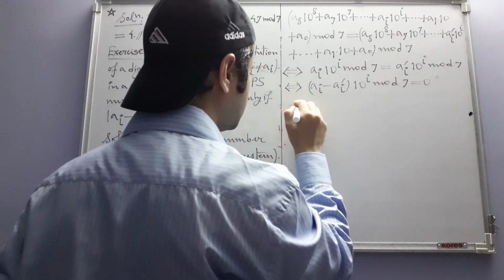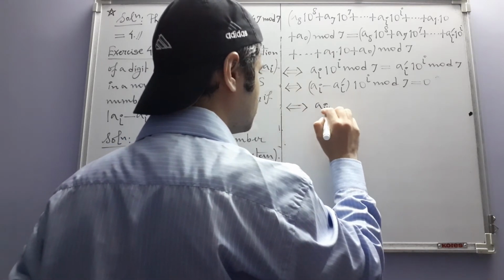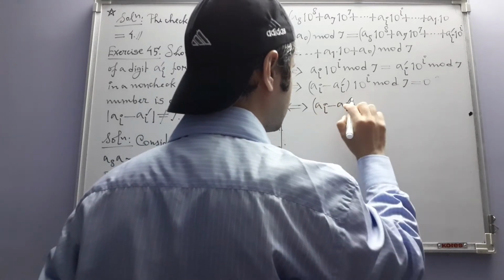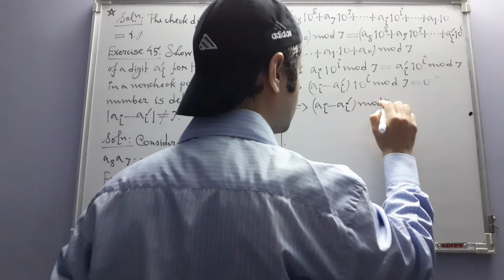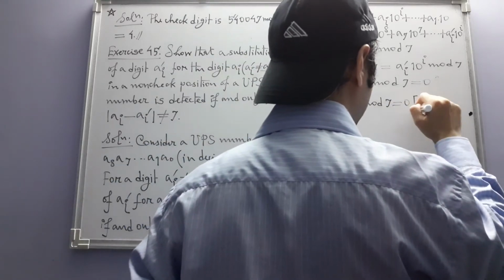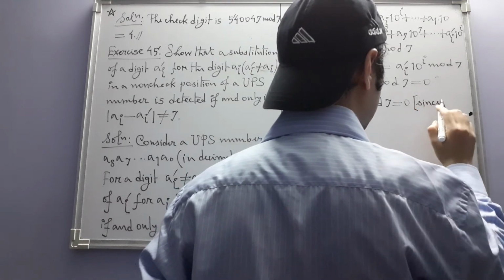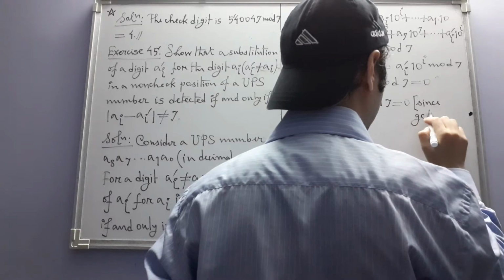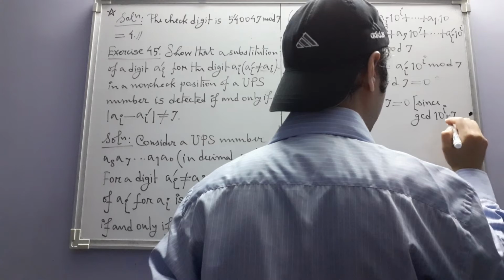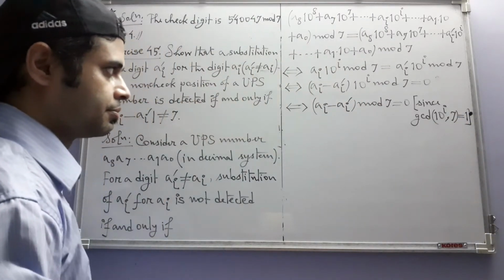So this is equivalent to AI minus AI prime mod 7 being equal to 0. In fact, in brackets you can write, since GCD of 10 to the power I and 7 is equal to 1. Okay.